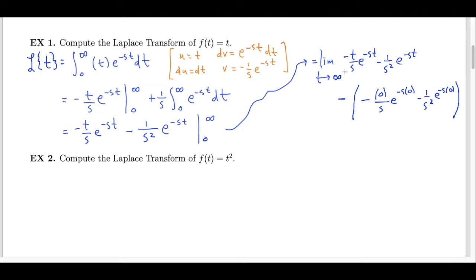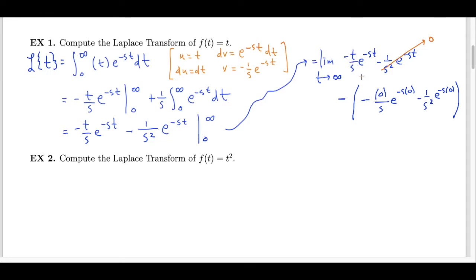And if I look at these terms in the limit, I know for sure that as t grows without bound, so long as s is positive, this term will go to 0. And if I look at this first term as t grows without bound, I actually have t times e to the negative st. Again, the convergence here is contingent on s being positive. But as long as that's true, this exponential, which is heading to 0, will dominate over this t, which is growing without bound.